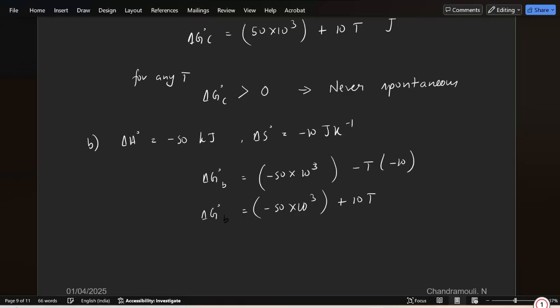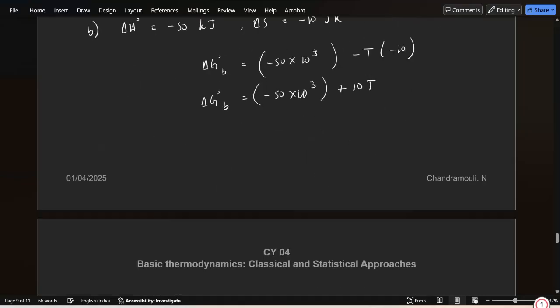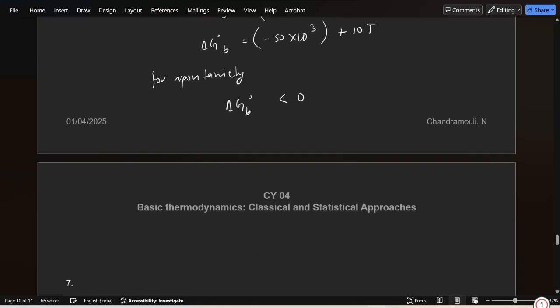Now we need to find out whether it is spontaneous at higher temperatures or lower temperatures. The condition for spontaneity is that delta G not B should be less than 0. Correct. Yes, sir.